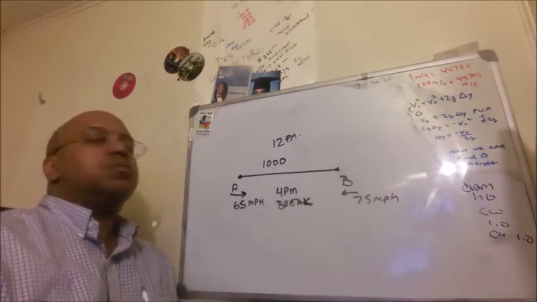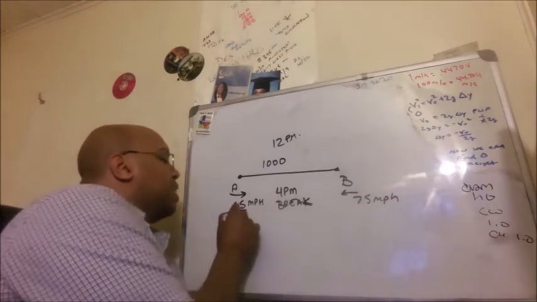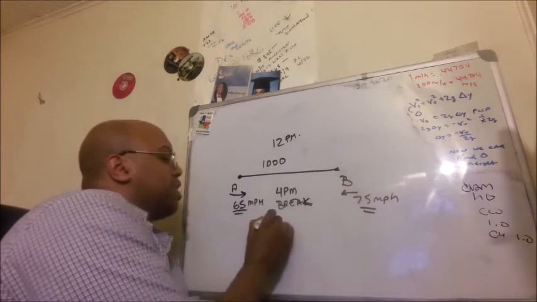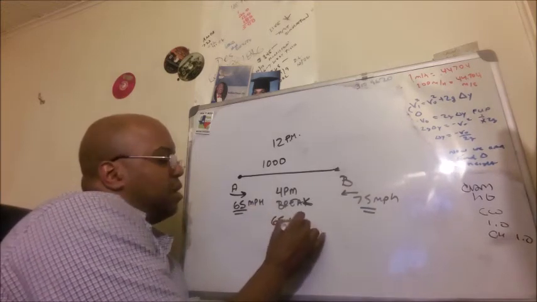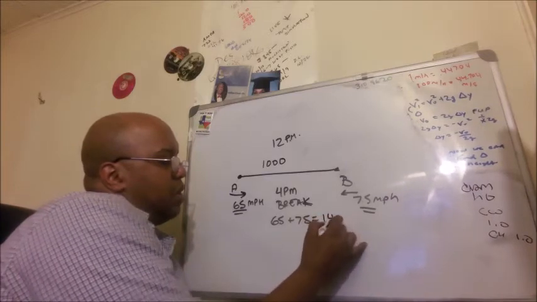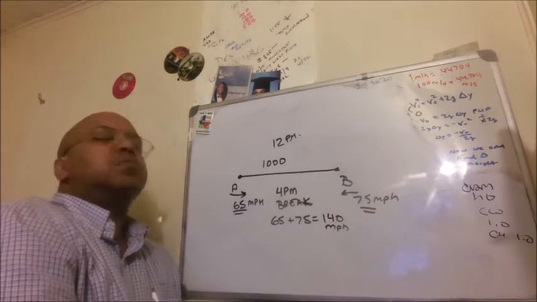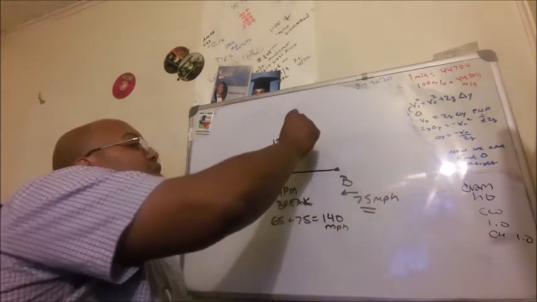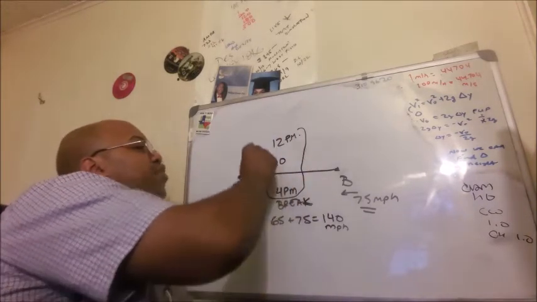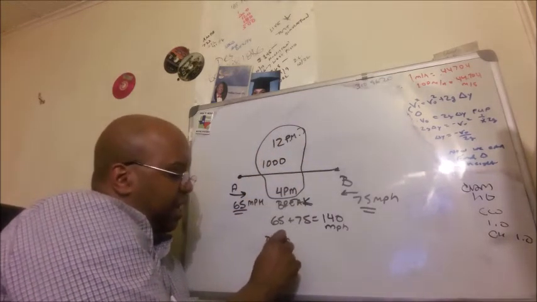I have no idea, to be honest with you. That's fine. The first thing I'm going to do is establish a closure rate, which is the combined speeds. Then I'm going to compute how many hours transpired. We said that distance equals rate times time.